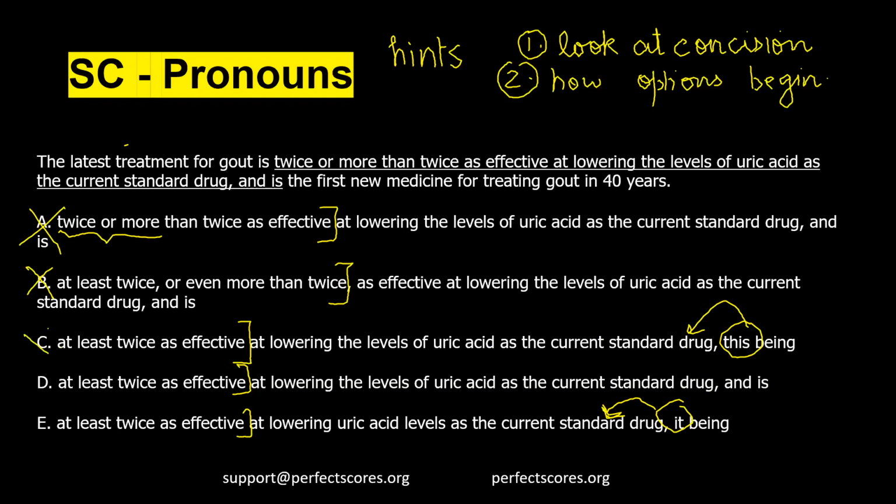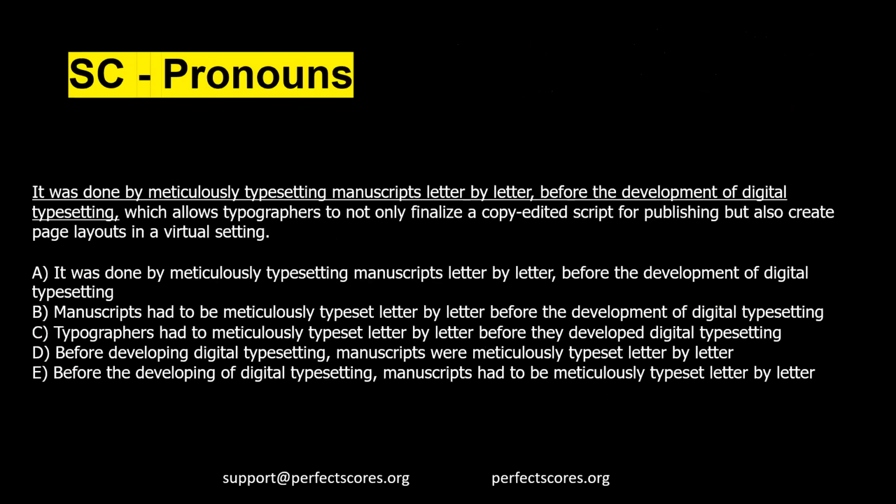Grammatically, they may be correct. So C and E are ruled out and D is the answer. Okay, so that was very good that you were able to get that answer. Let's try a couple more questions before we head to CR. And if you have any doubts, you can always ask me in the middle. Okay, let's try this question. So you have 2 minutes again.